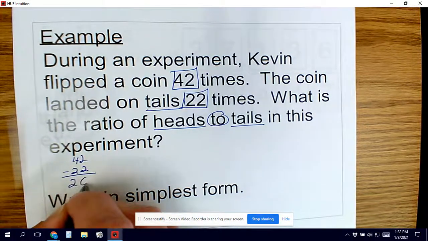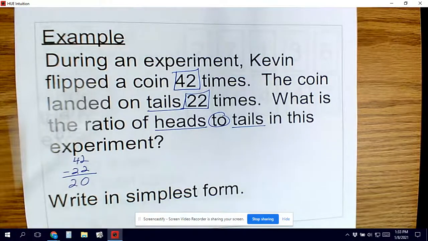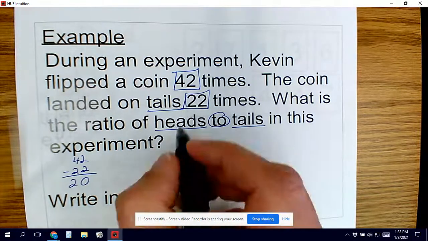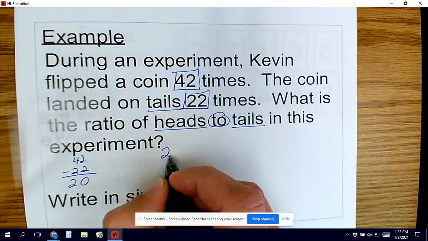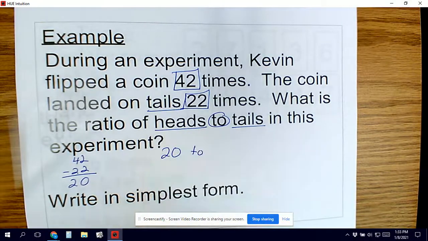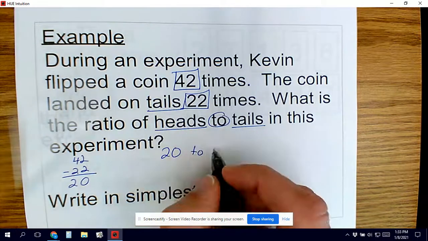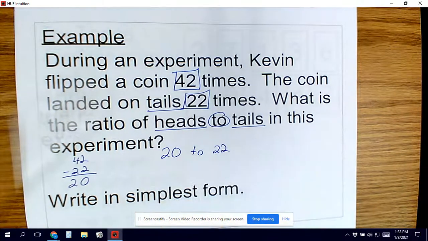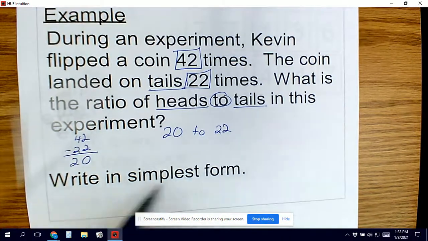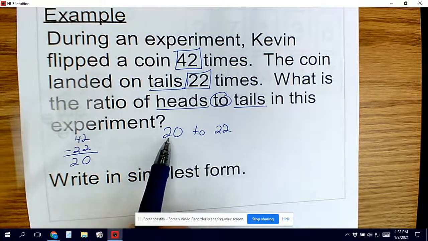When we perform that calculation, we find that it landed on heads 20 times. So my ratio of heads to tails, I had 20 heads to 22 tails.